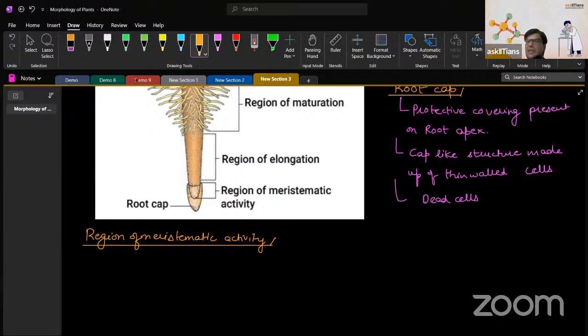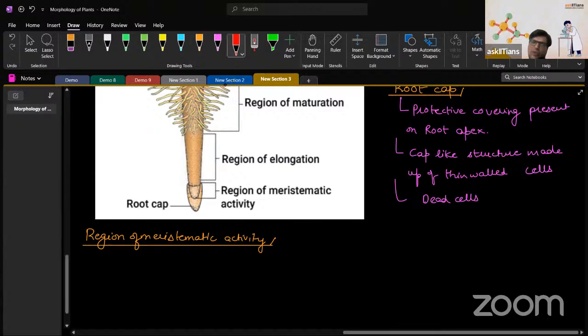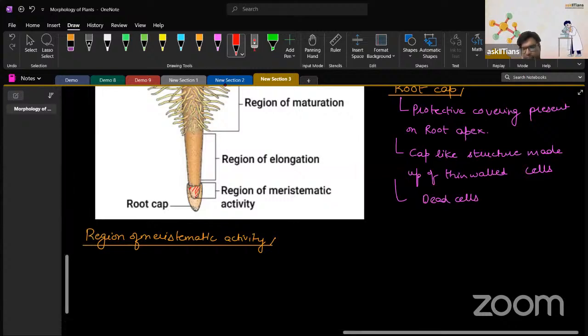The meristematic cells have the ability to divide again and again. The meristematic tissue is present right here in this region. The root cap is protecting the region of meristematic activity, right?